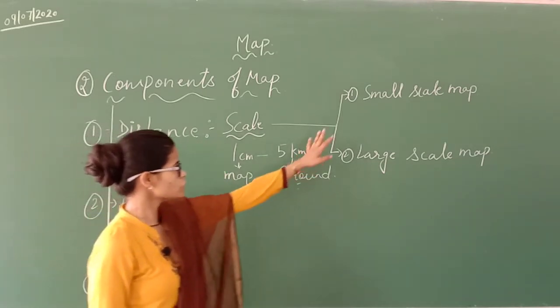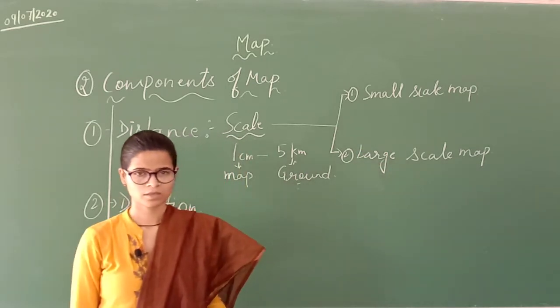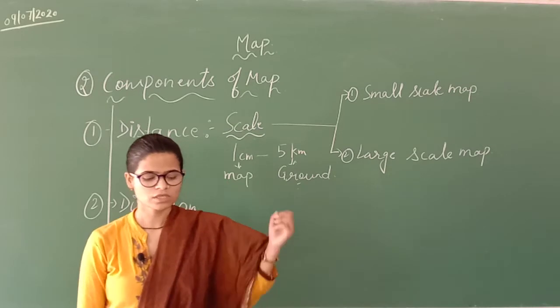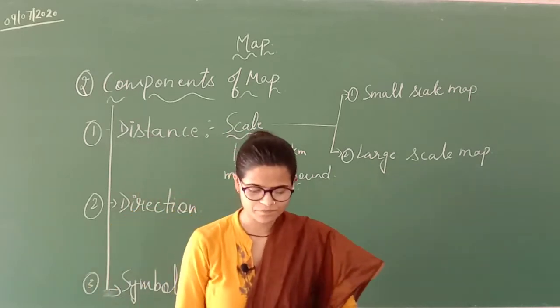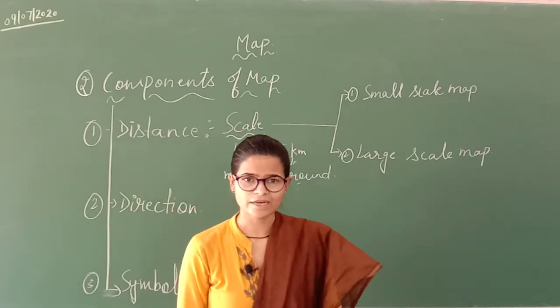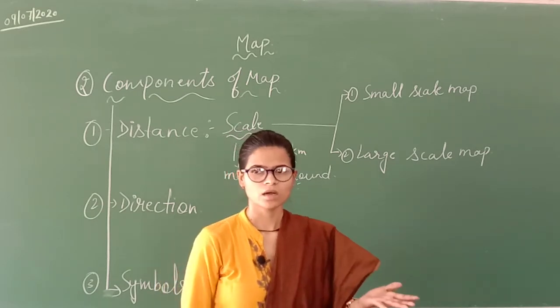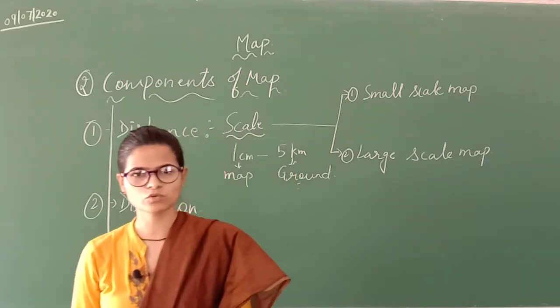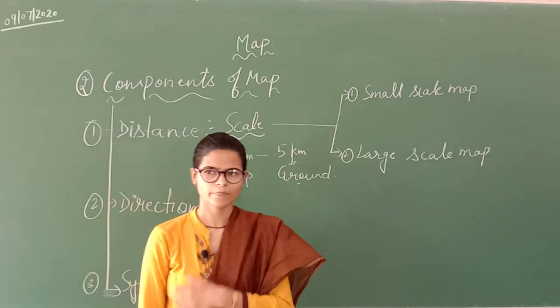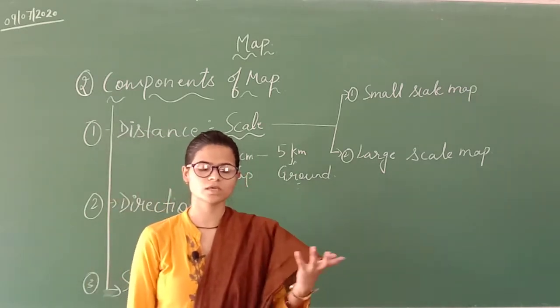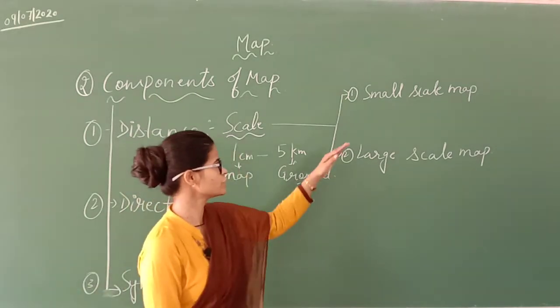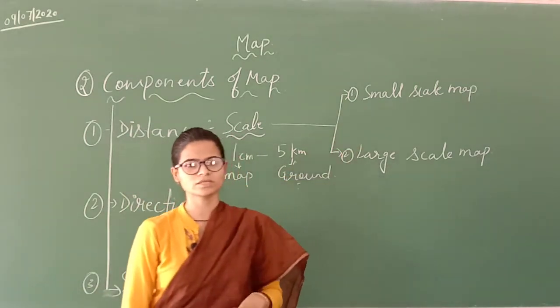So small scale map, why do we use it? This scale is used for a large area, like if we want to know the distance of the entire world, or continents, or oceans, or countries, we will use small scale.